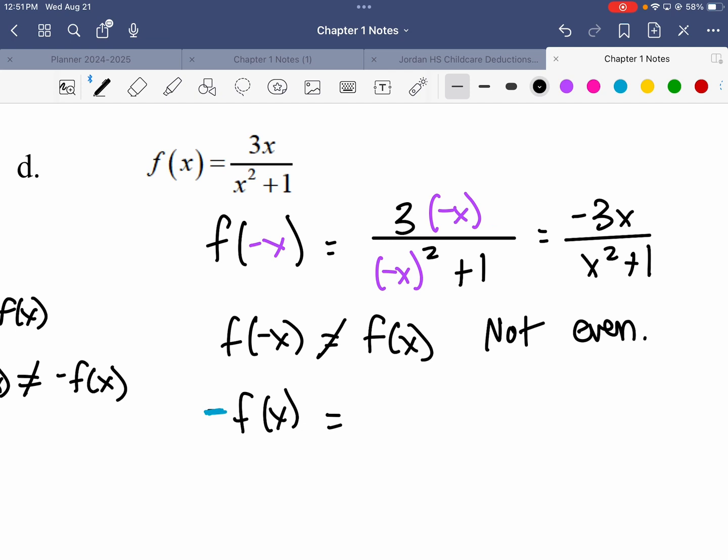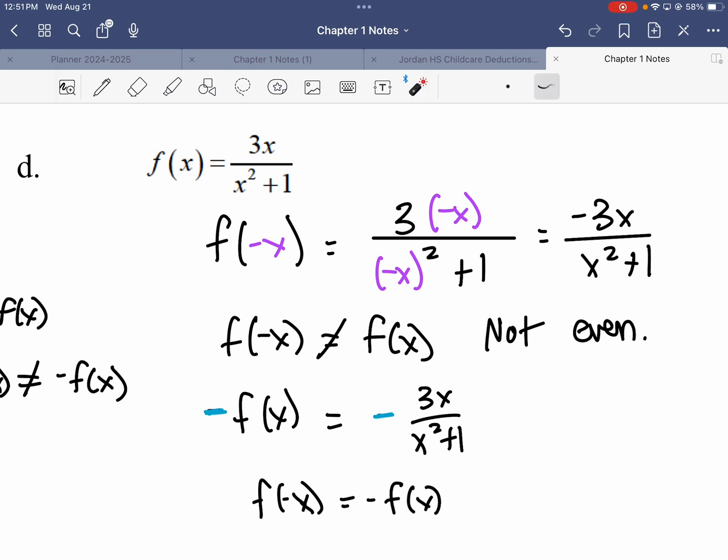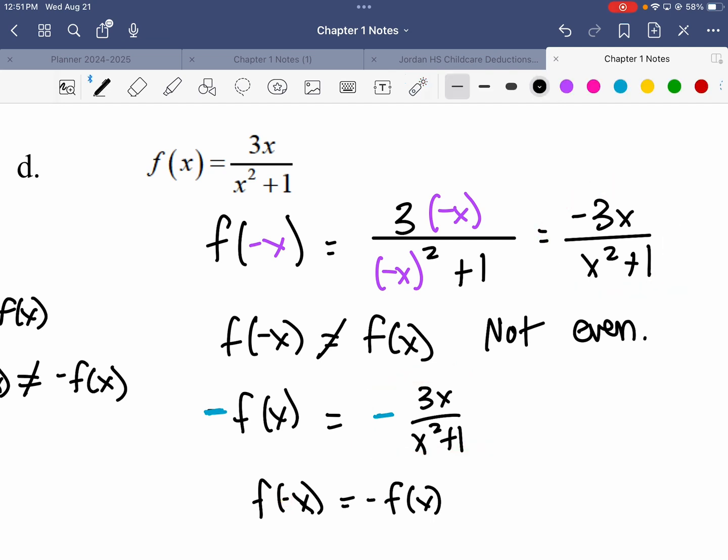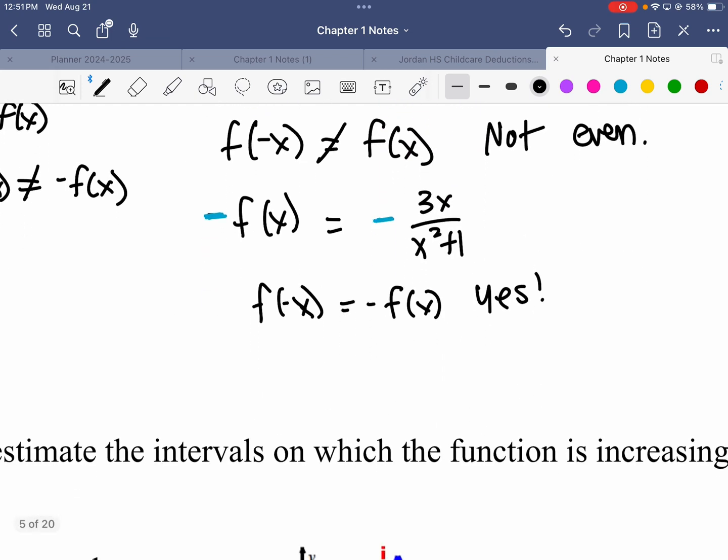So that means we would just stick a negative out in front of 3x over x squared plus 1. So, is f of negative x equal to negative f of x? Yeah, so the negative out in front or the negative inside. Is this the same as this? Yes. So this one is odd.